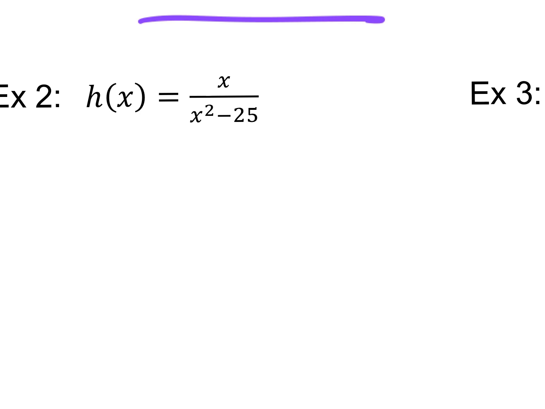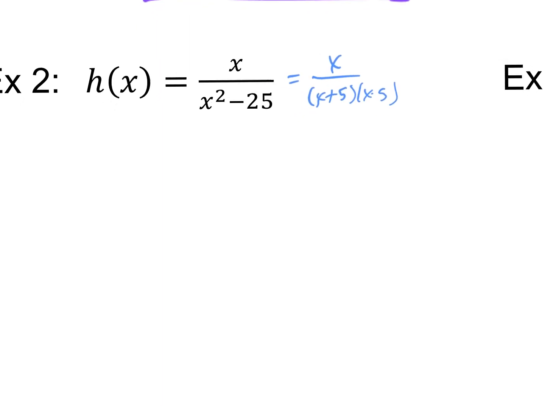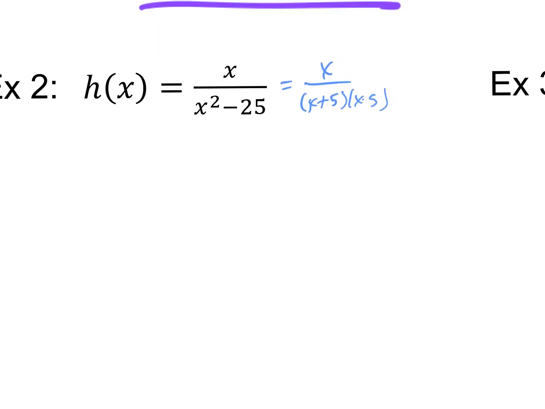For this one, when we factor, this one's a little bit easier to factor. We get x plus 5 and x minus 5. No common factors in numerator and denominator, so there are no holes again. If we set each of those factors equal to 0, we get that x is equal to negative 5 and x is equal to positive 5. That's where our vertical asymptotes are.